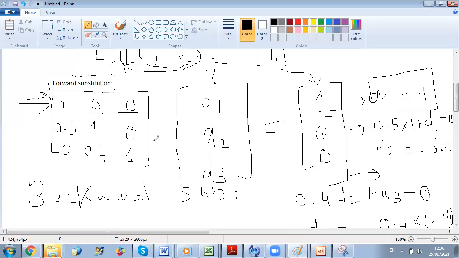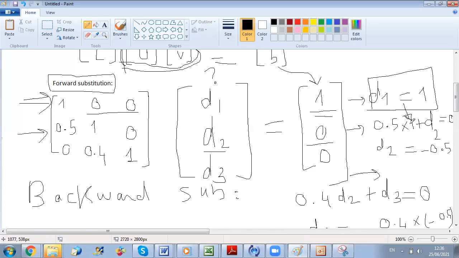Now I proceed. To get D2, I move to the second equation. In the second equation, I have 0.5, 1, 0. I multiply them by D1, D2, D3, so I get 0.5 D1 plus 1 times D2 plus 0 times D3 equals 0. What is good is that I already calculated D1 in the first step. This is the forward substitution.